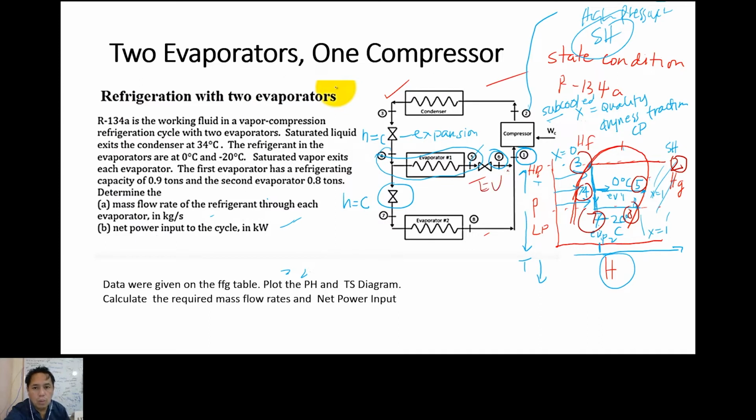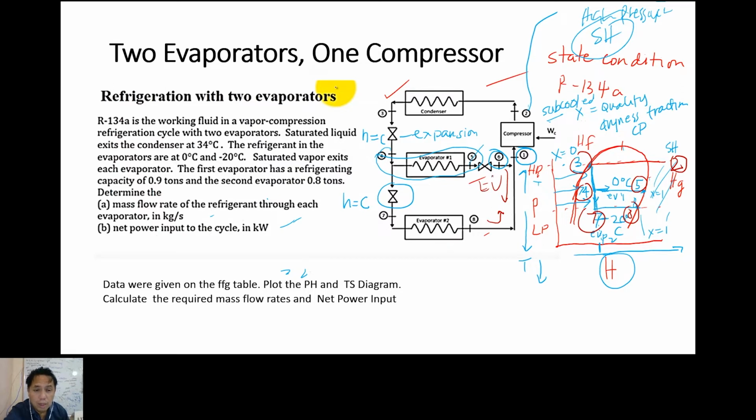What is the purpose of the expansion valve? To lower the pressure. It is logically mounted there because you have to lower down the pressure, since there is another evaporator. The evaporator 2 is operating at a lower pressure.